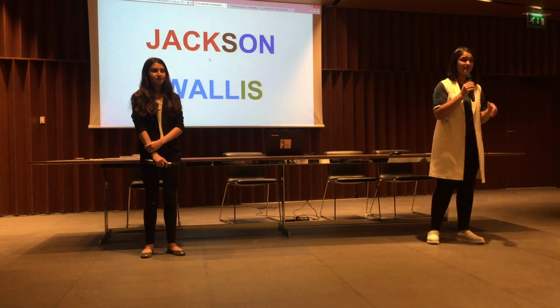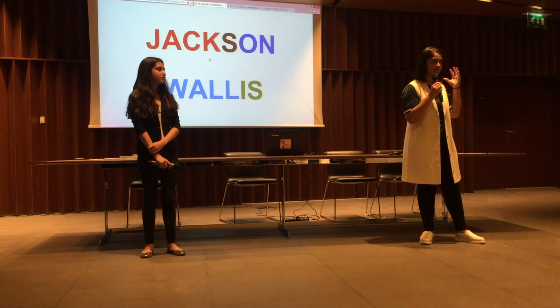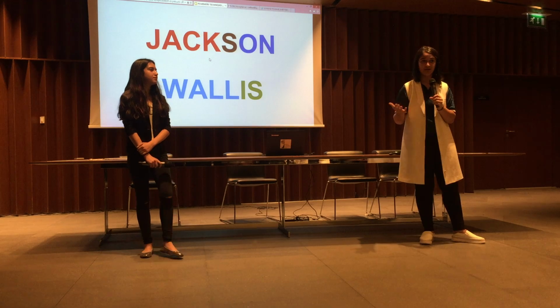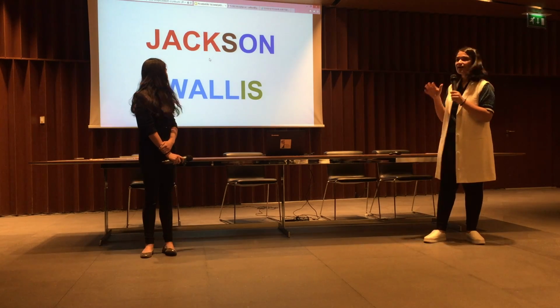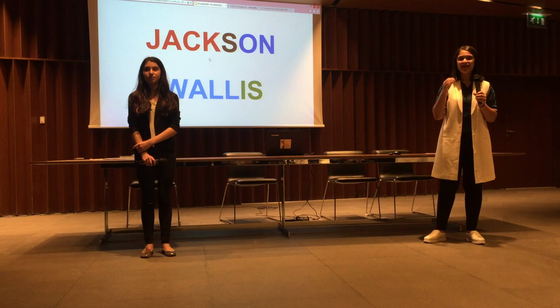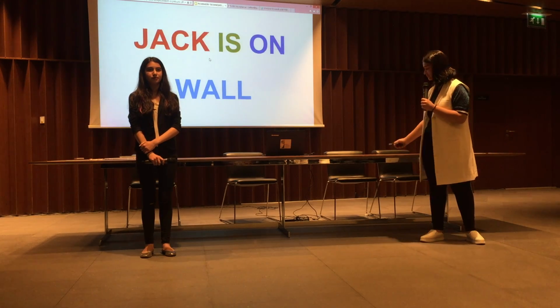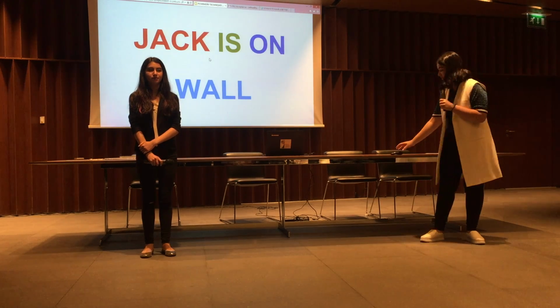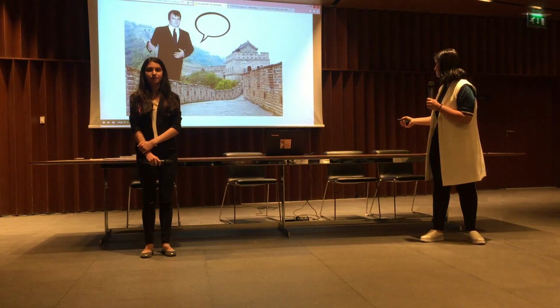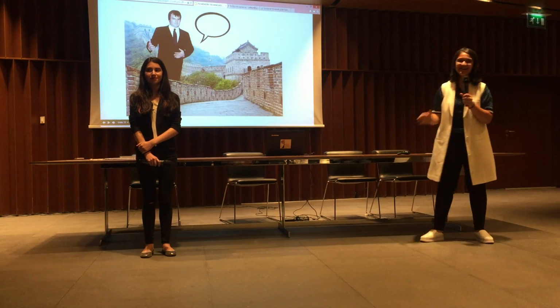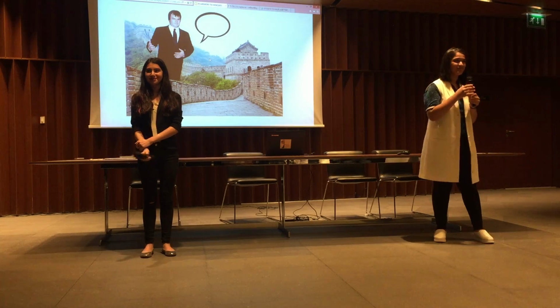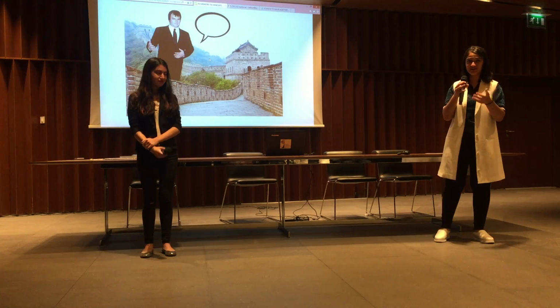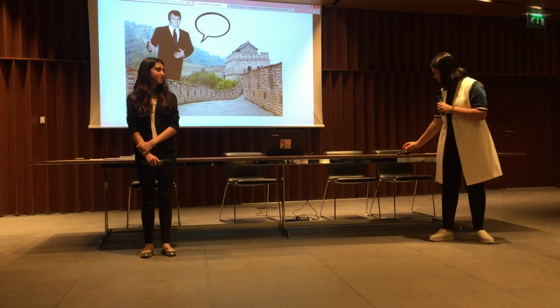The POW system can rely on phonetics, or how it sounds, or it can be completely arbitrary. But let's go with phonetics for this example. Jackson Wallace kind of sounds like Jack is on wall. And that creates an image of Jack Black giving a speech on the wall of China, or a person performing an action with or on an object.